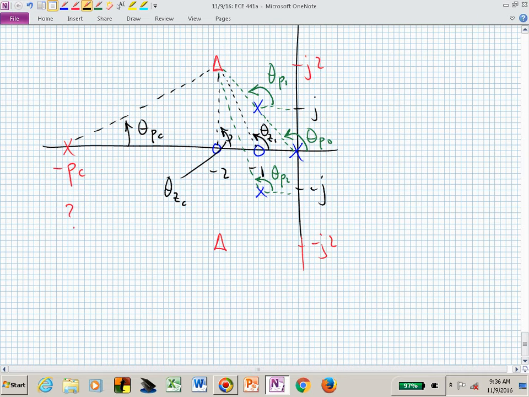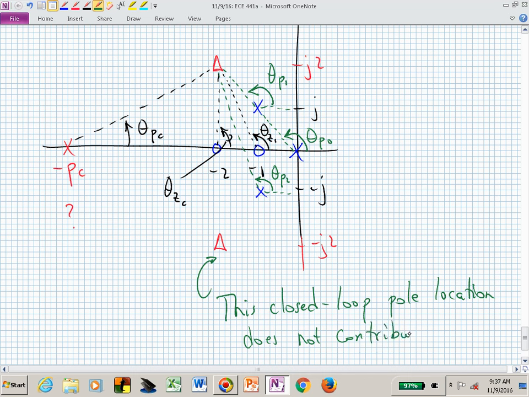Now, where students typically get confused is they want to figure the angle from this triangle to the other triangle, but we're just figuring angles based on our open loop poles and zeros, and the open loop poles and zeros are coming from G sub C and G. The triangles are where we want the branches to end up, meaning this closed loop pole location does not contribute an angle.